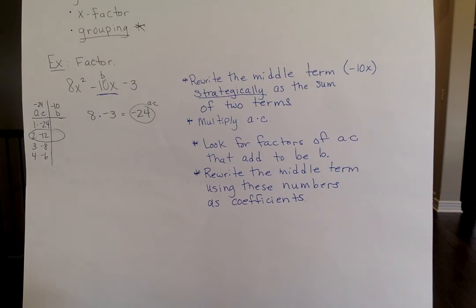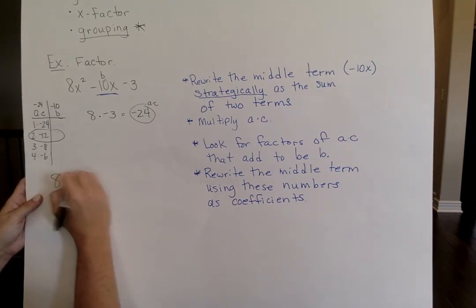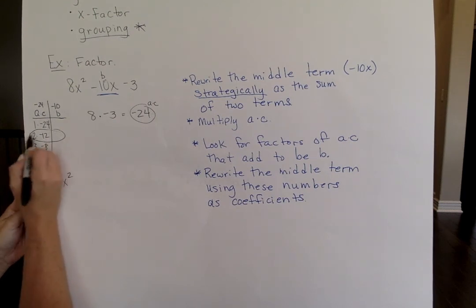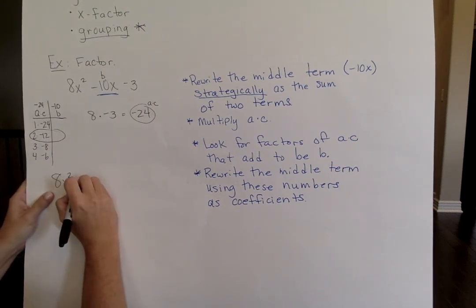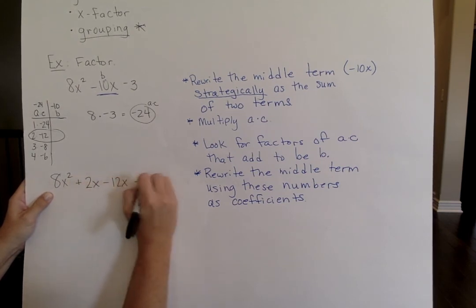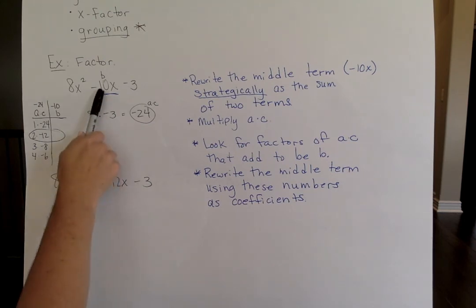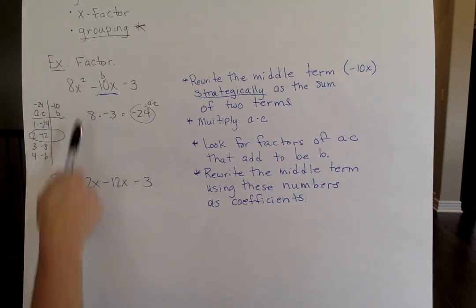Okay, so this will be now 8x squared. That didn't change. Now I'm going to use these, the 2 and the negative 12. So I might have plus 2x minus 12x minus 3. Now can we all agree that 2x minus 12x would still be negative 10x? You can see I haven't changed this at all.